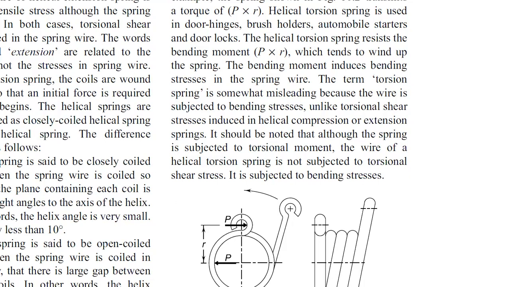And once you remove that key, after the vehicle has started, it will return to the initial position, right? So that is the automobile starter. Then door locks: once you open the door lock, it comes back to the same position where it was previously.